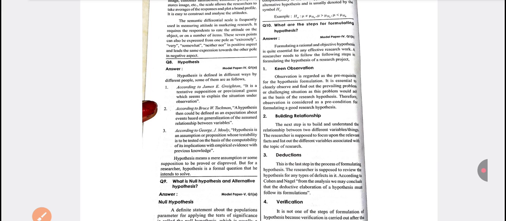And deduction is nothing but deductive angles, meaning you need to understand whether it will happen or not. And the last one is verification. After doing all these things, you need to verify whatever decision you are taking, whether it will happen or not.